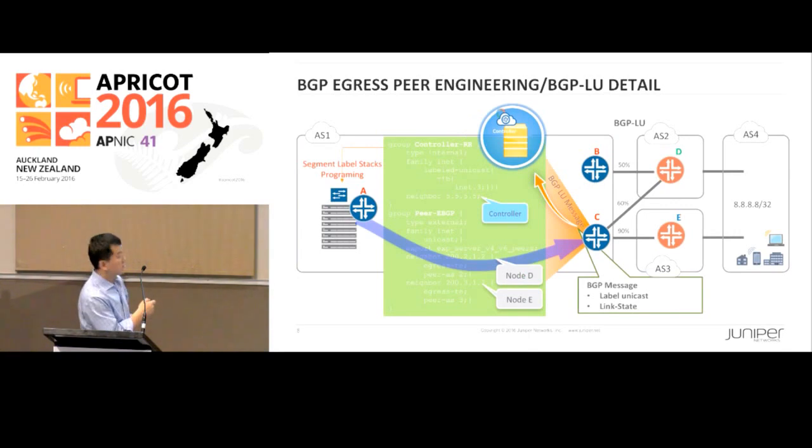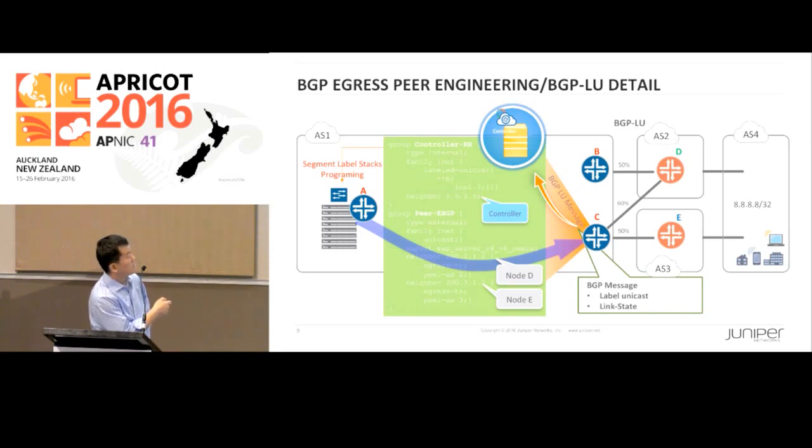Then here is some configuration from our Juniper router. Maybe other vendors have similar configurations as well. So the idea is that this ASBR router actually sets up two groups. One group talks to the controller, another group talks to the peer.